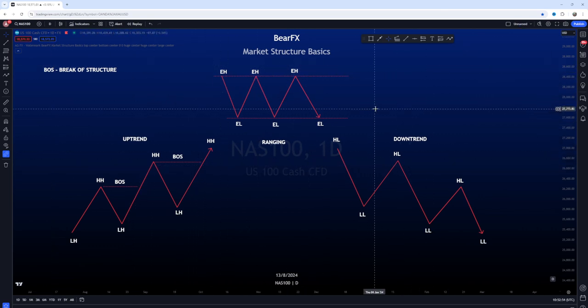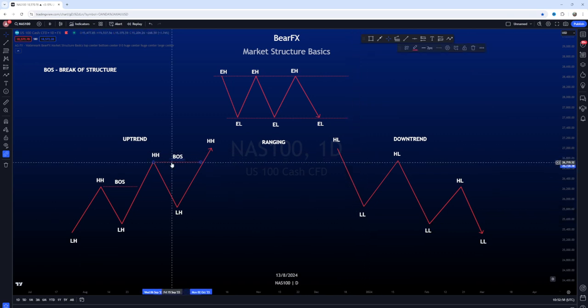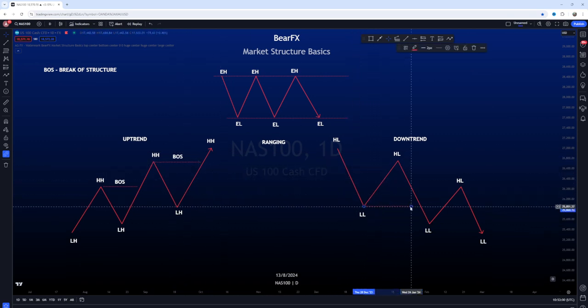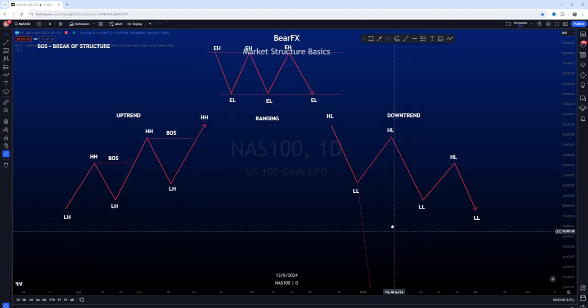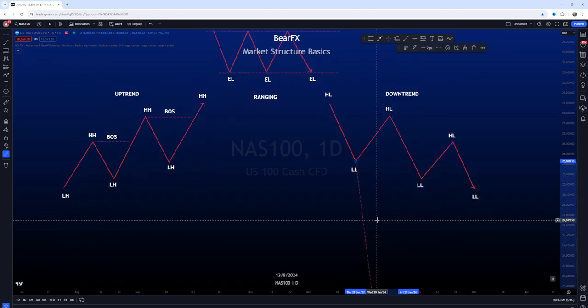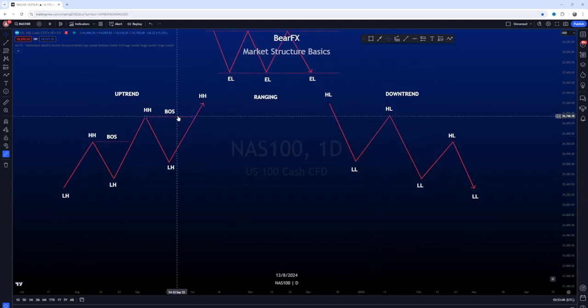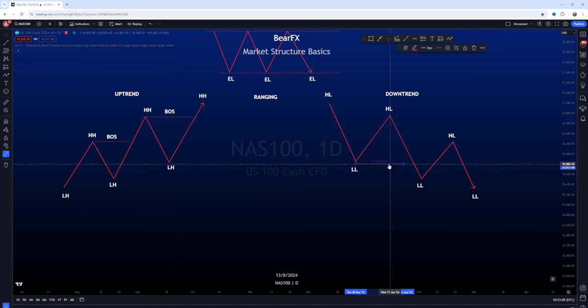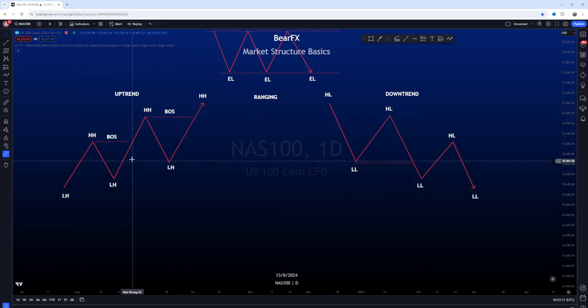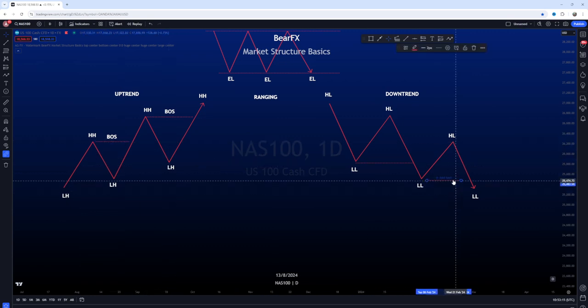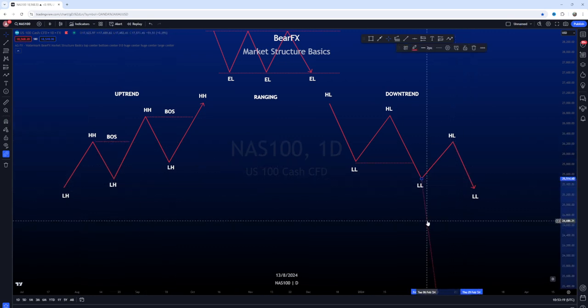Now we have the same on a downtrend, but it's to the downside. So your break of structure is here, and here.